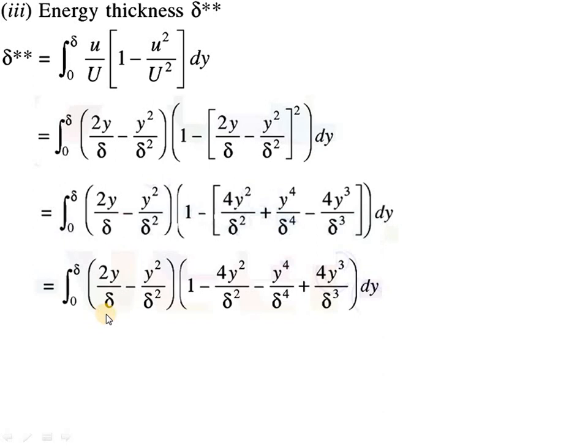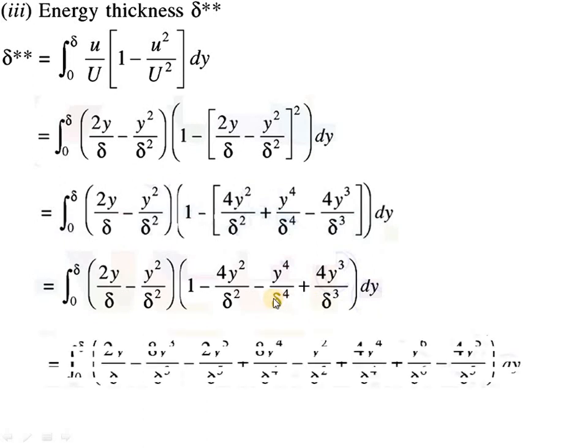So firstly, again with a similar approach, we will multiply the first term from the left bracket with the entire right bracket. Then we will multiply the second term in the left bracket with the entire right bracket. So now, firstly, 2y by delta multiplied by 1 as it is. Then 2y by delta multiplied by minus 4y square by delta square, so that gives us 8 times y cube by delta cube negative.